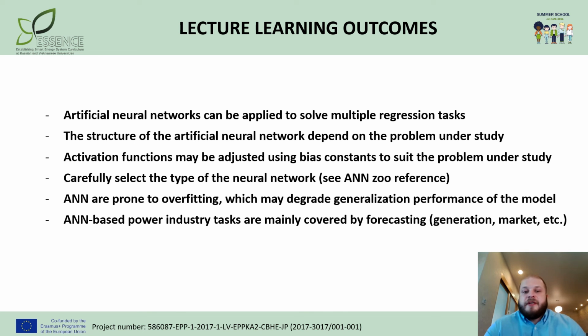Not just artificial neural networks, but many other machine learning algorithms are really prone to overfitting, and overfitting may degrade generalization performance of the model. So it means that during the training process, you will have, let it be 99% accuracy, only 1% of error.